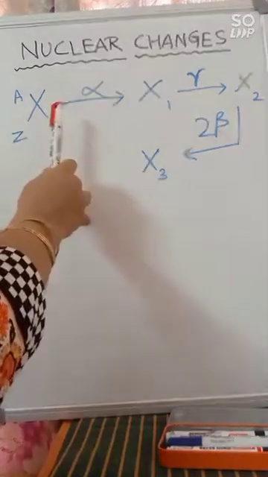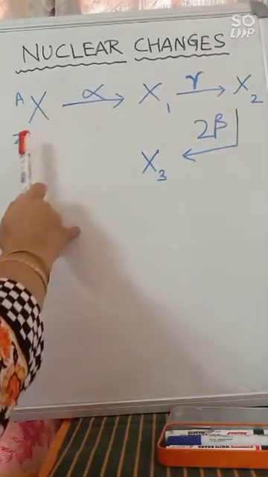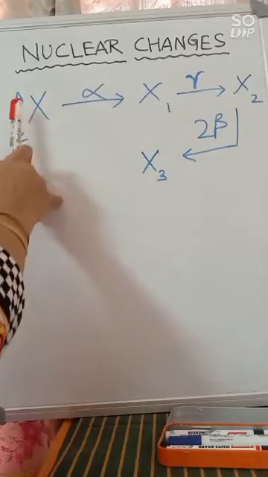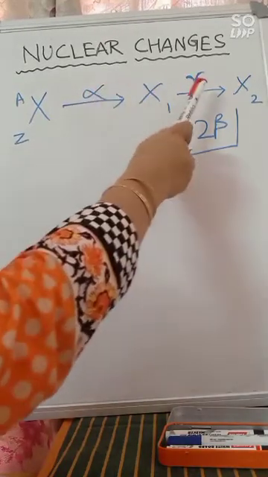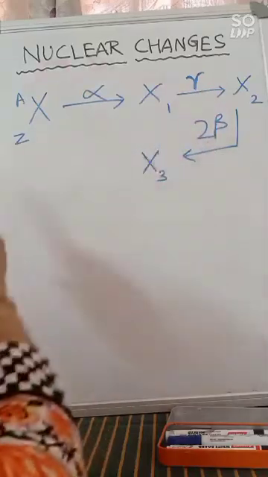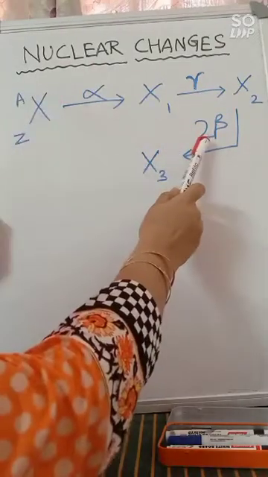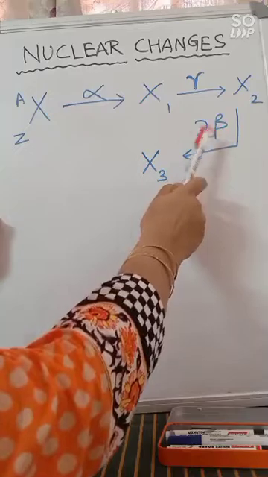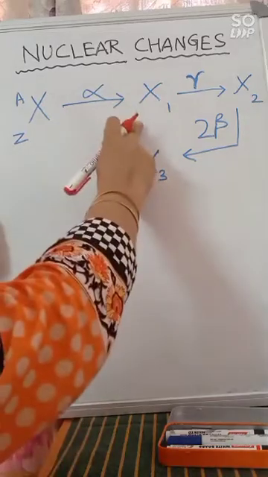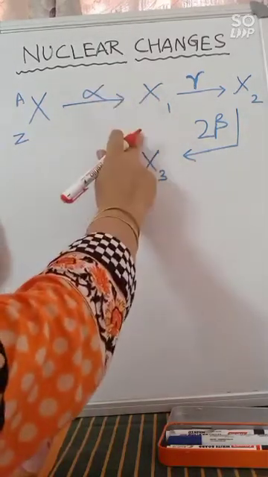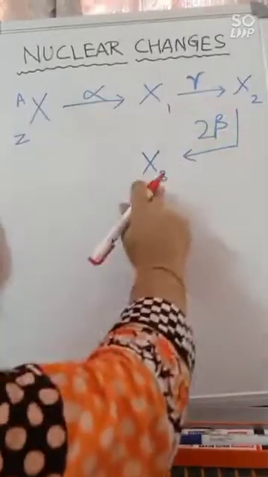Here they have shown you an element X with atomic number Z and mass number A. This is depicting alpha emission, gamma emission and beta emission. And the only thing is here, twice emission of beta is there, right? So how to find out what is going to be the atomic number of X, X1, X2 and X3?